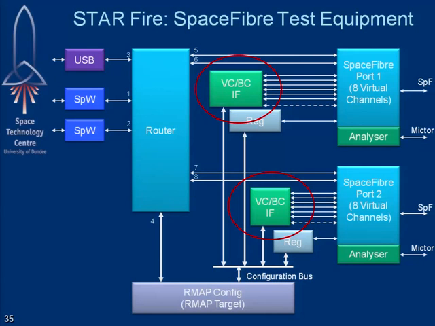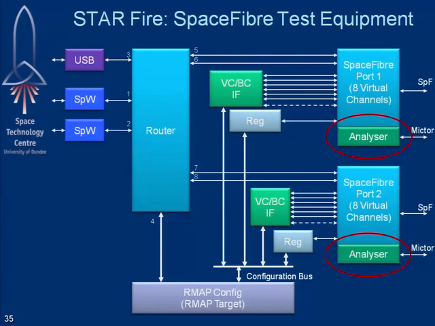Because we wanted to test this at full speed, on the other virtual channels we included some pattern generators and checkers, so we can run each of those at full speed, the full 2.5 gigabits per second, over multiple lanes, over multiple virtual channels, so we can actually test out the quality of service and the precedence handling.